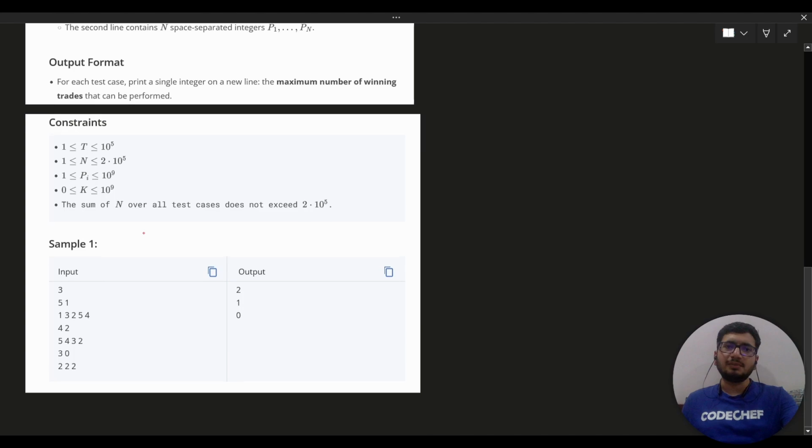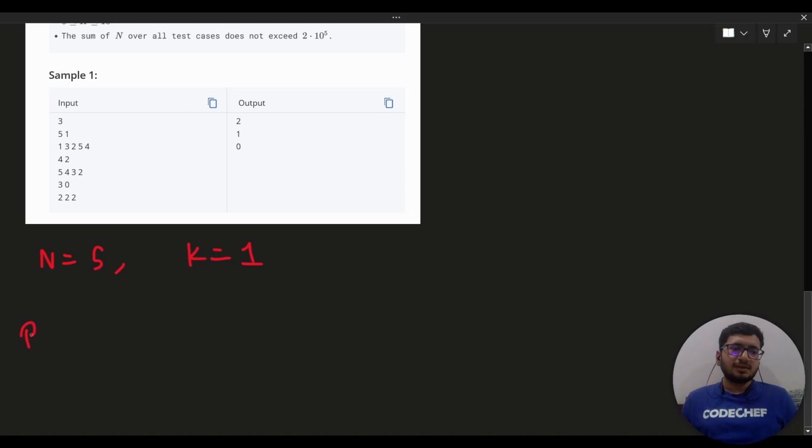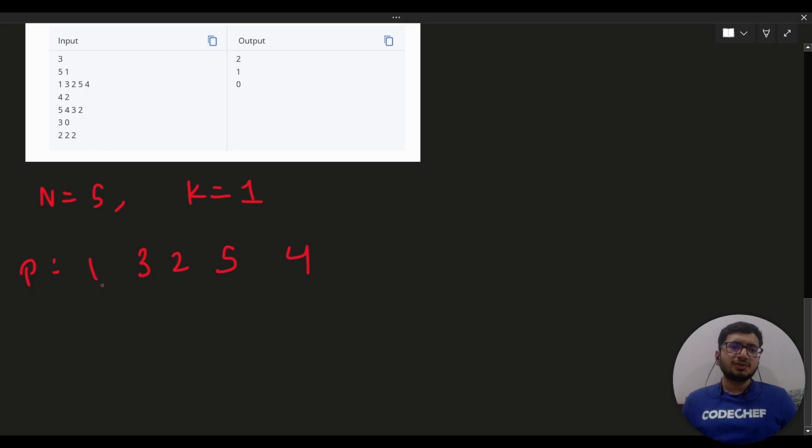Let's see some sample input. For the very first sample input, we have n equal to 5, that means we'll have 5 elements, and the value of k is 1. This is P: 1, 3, 2, 5 and 4. We can pick and choose 1 and 3.